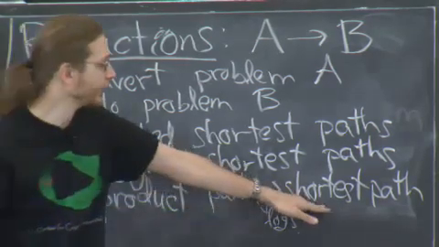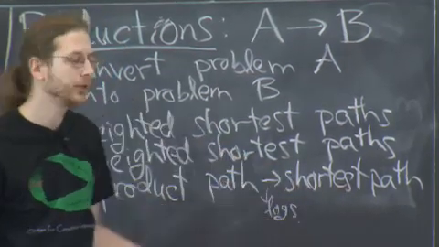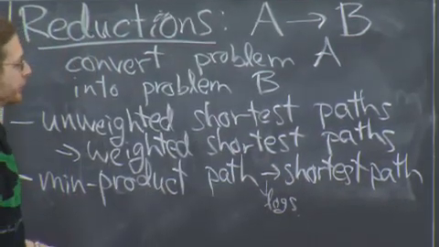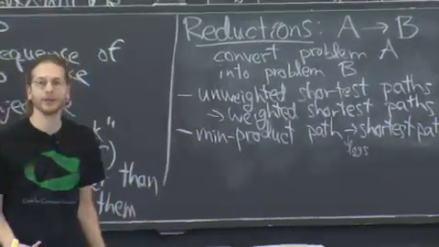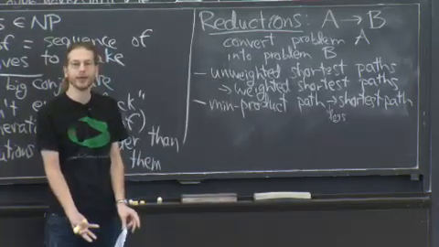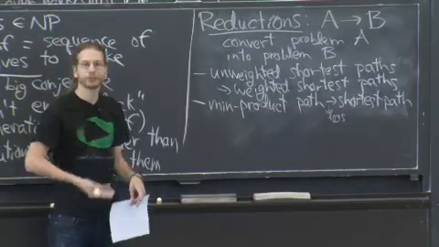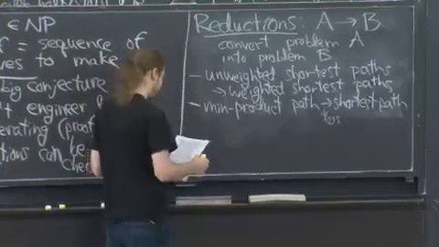Whereas if you just do this reduction, you can use exactly the code that you had before at the end. So that's nice. This is why reductions are really the most common algorithm design technique, because you don't want to implement an algorithm for every single problem you have. It'd be nice if you could reuse some of those algorithms that you had before. And reductions let you do that.